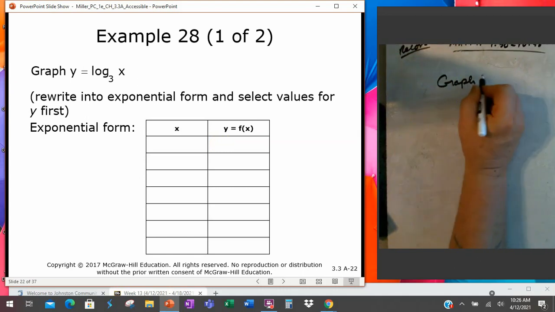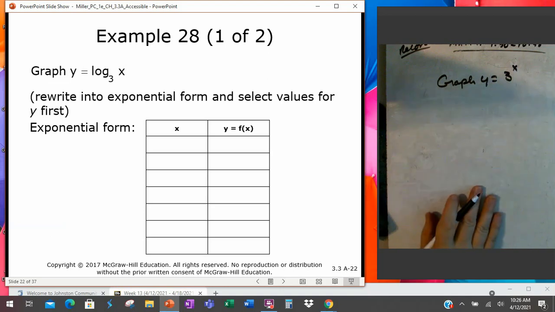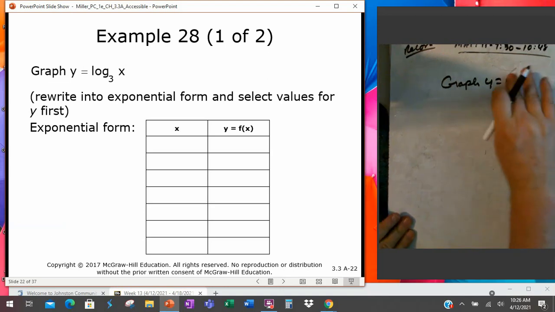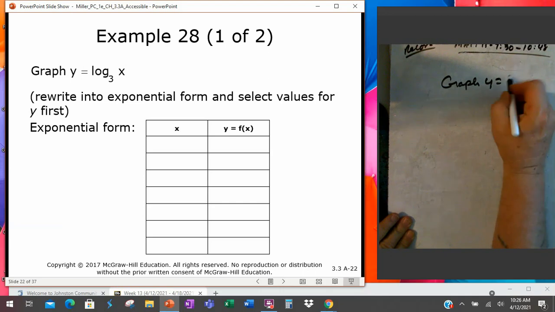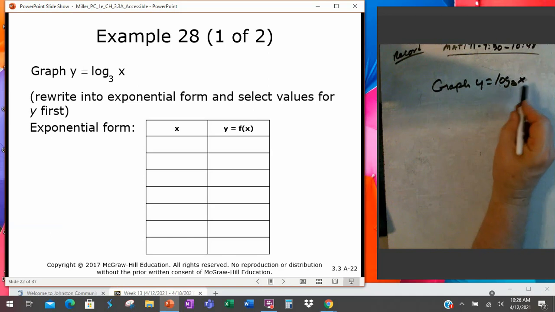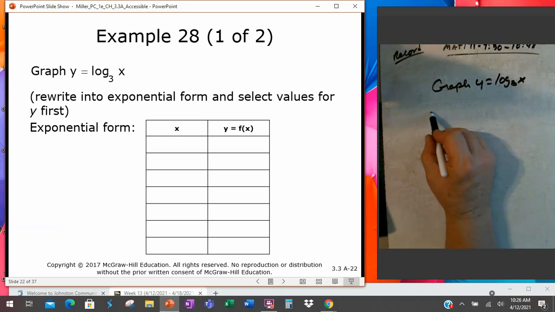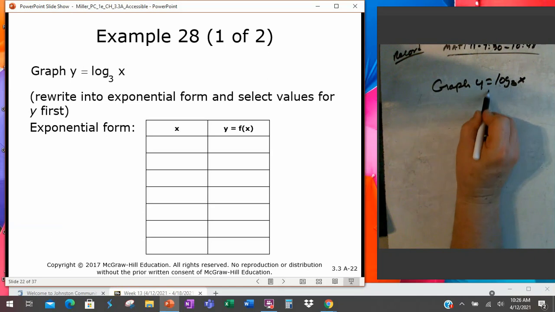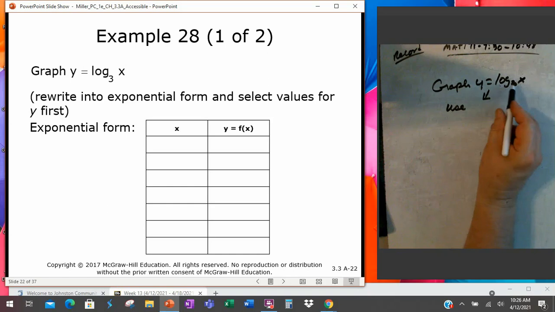I want to graph y is equal to log base 3 of x, but this is hard to do in general. Just picking out numbers, I've got to go to the calculator. That's the only way I can do that. But without a calculator, I want to graph this using the exponential form.